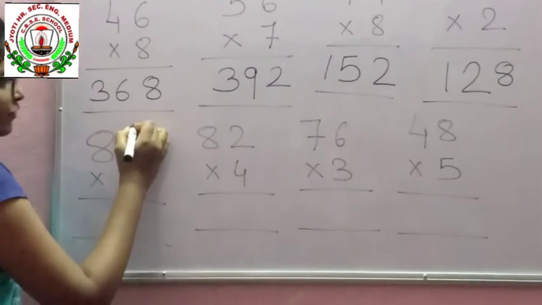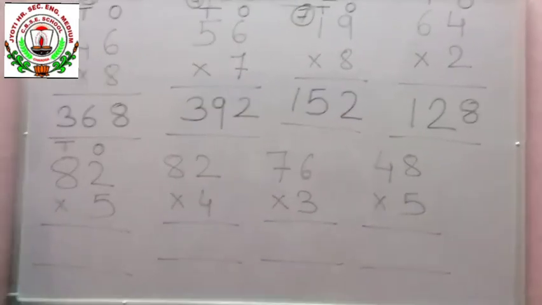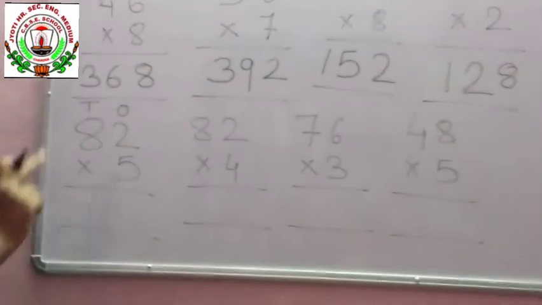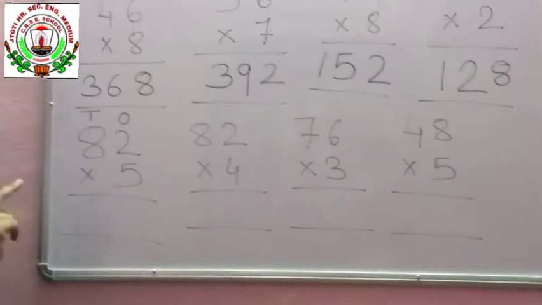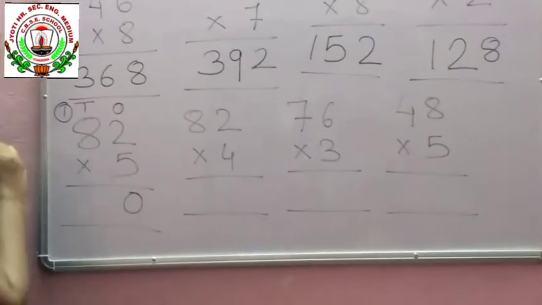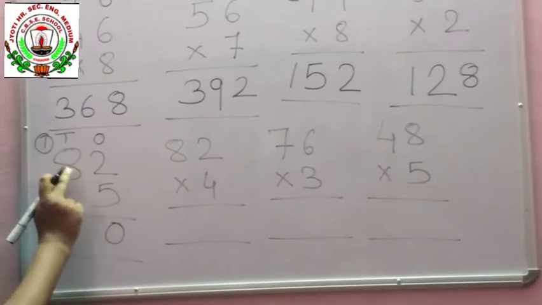82 into 5. 2 is at ones place and 8 is at tens place. So 5 twos are: 5 ones are 5, 5 twos are 10. So 10 is a 2-digit number. So 0 will come here and 1 will go to the carryover. Now 5 eights are.